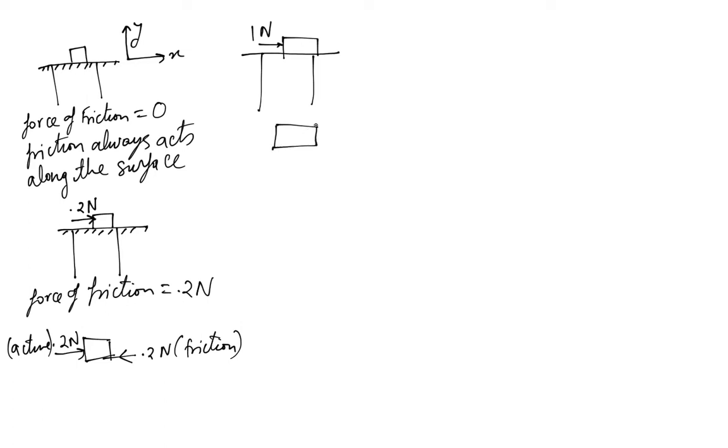Then if you draw a free body diagram of the book, it should be like this, which means the net sum of forces is 0, and because it's 0, the book is not moving or accelerating from its at rest position.